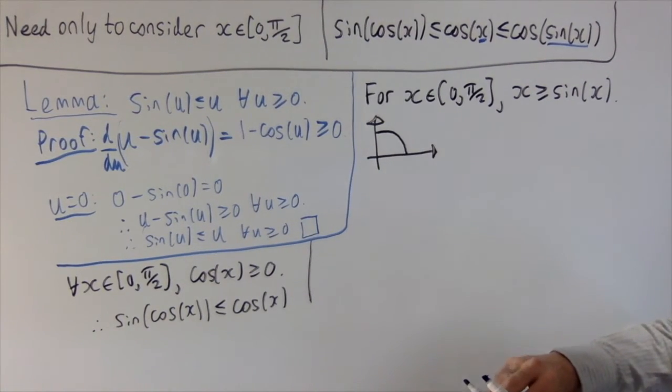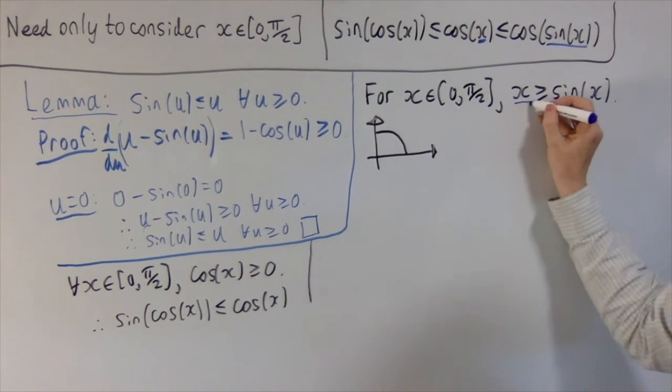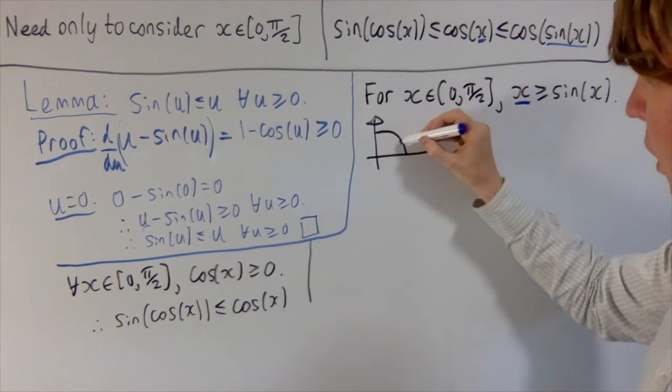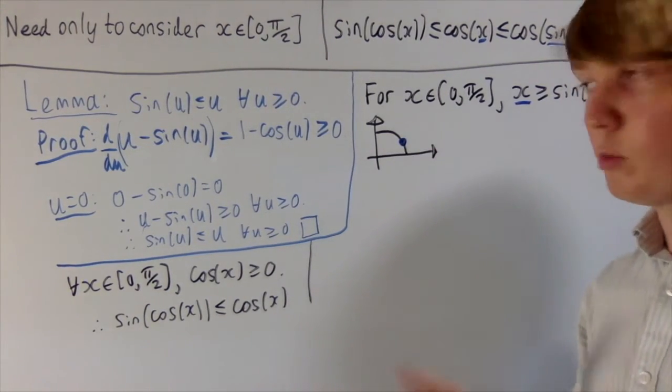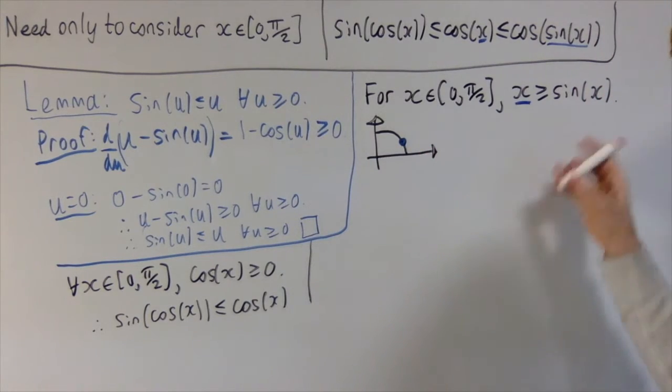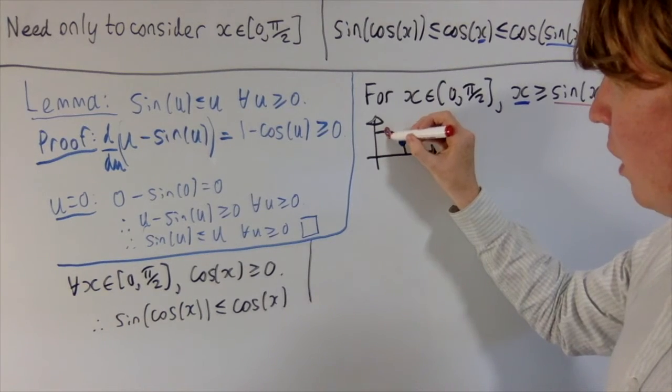So if one of them is larger than the other, so x is bigger than sine of x, so you put a larger value in, because cos is decreasing in this region, so you put in a larger value, you get a smaller output. Or if you put in a smaller input, you actually get a larger output.